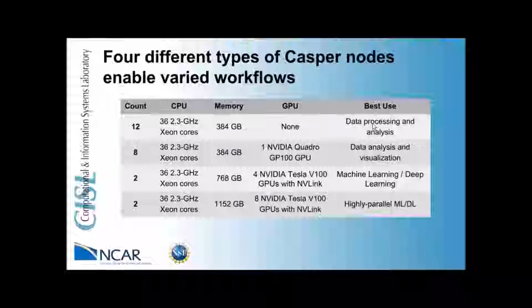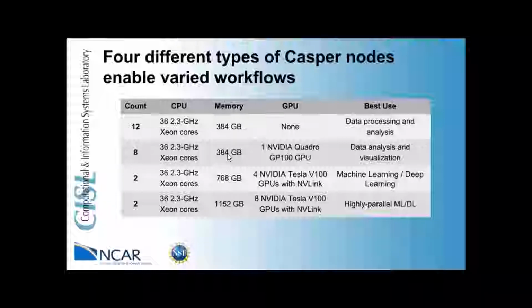These are really the workhorse data analysis and processing nodes. So if you have a simple workflow, I would just target these because there are the most of them and you're probably going to get on them the quickest.